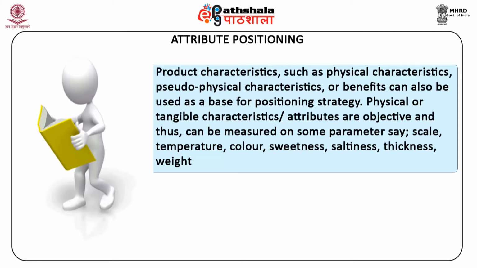Product characteristics such as physical characteristics, pseudo physical characteristics, or benefits can also be used as a base for positioning strategy. Physical or tangible characteristics are objective and thus can be measured on some parameter, say scale, temperature, color, sweetness, saltiness, thickness, weight.